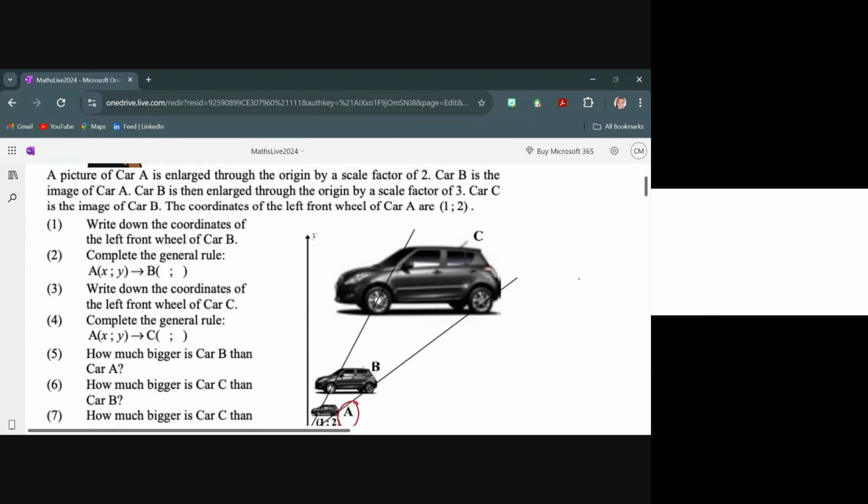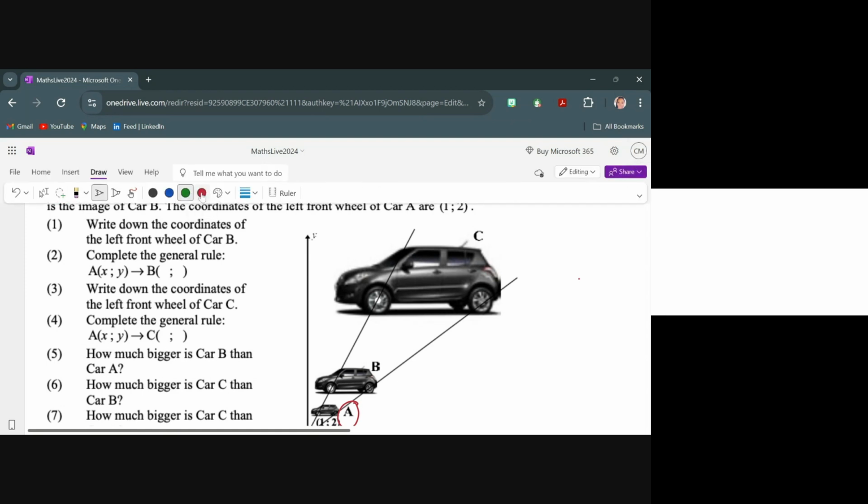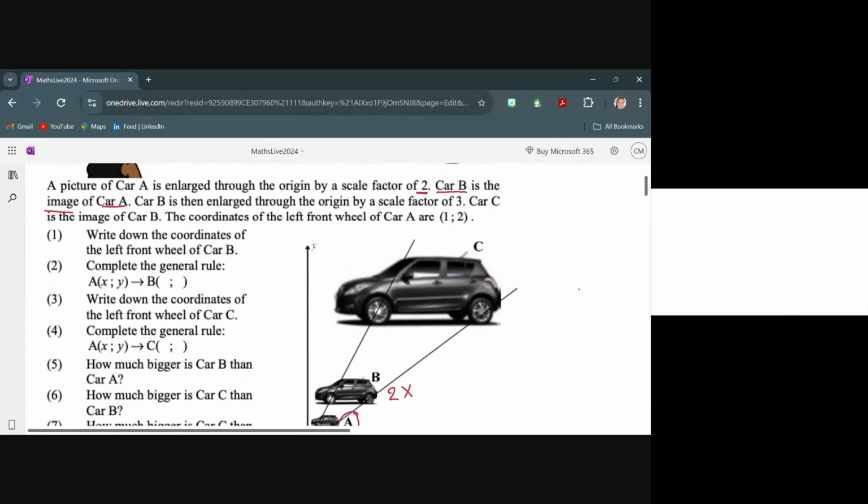So it says here, a car is enlarged through the origin by a scale factor of 2. Car B is the image of car A after we've increased it by a scale factor of 2. So this car is our normal car, and car B is 2 times my normal car. Okay, car B is 2 times the normal car A. All right, let's keep reading. And then it says, car B is then enlarged through the origin by a scale factor of 3.